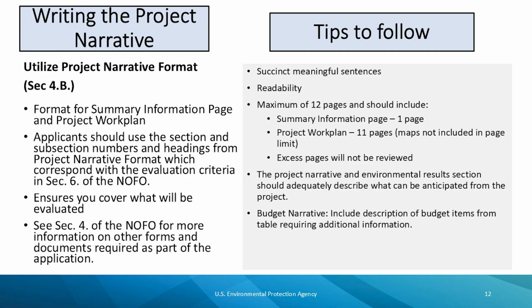Describe each item in sufficient detail for EPA to determine cost effectiveness, reasonableness, and allowability of costs. Cost effectiveness will consider the organizational overhead or indirect costs and direct costs versus anticipated results.